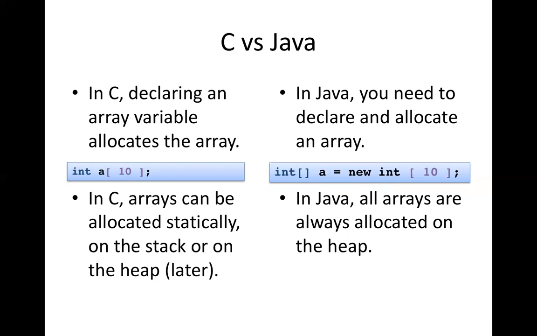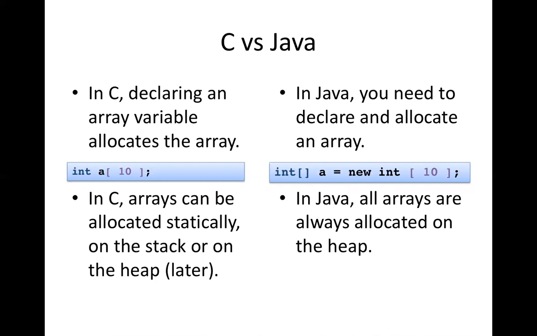I kind of covered this a couple of slides ago. In C, when you declare an array, like the code I've got on the left, that goes ahead and makes the array. You can allocate arrays as local variables, so they can be allocated on the stack just like any auto variable.